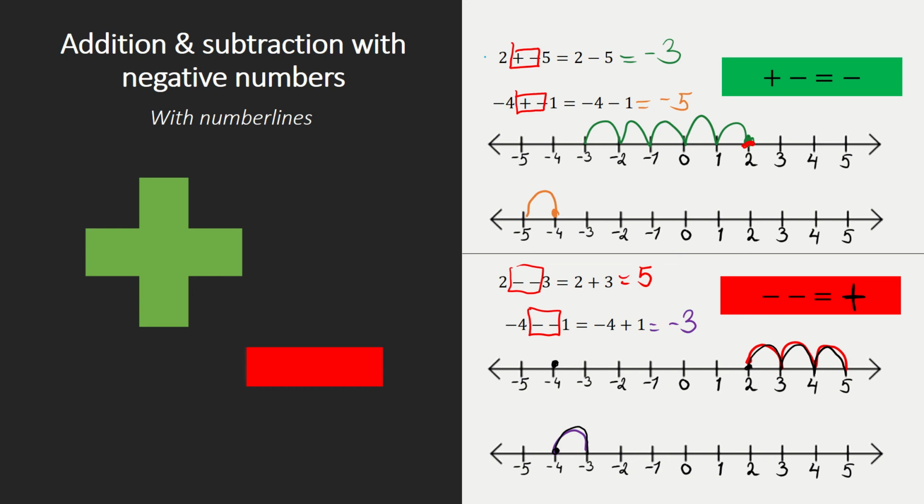With adding and subtracting negative numbers, it's extremely important that you know those two rules. So please write them down in your notebook and write the examples down as well. You need to practice a lot in order to be able to do this without a number line, because that's the goal, to do it without.